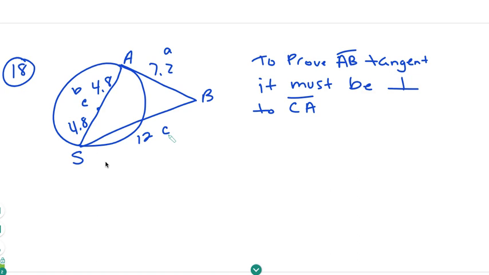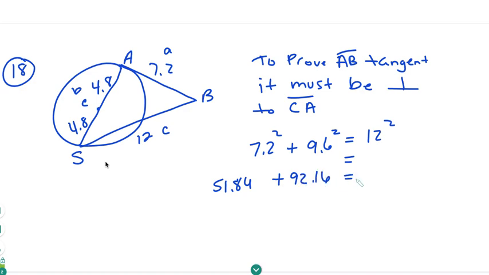So I'm going to add 4.8 plus 4.8, and that's going to give me 9.6 squared for B. And I have 7.2 squared for A, and C is going to be 12 squared. 7.2 squared is 51.84 plus 92.16 is equal to 144. 144 is equal to 144.